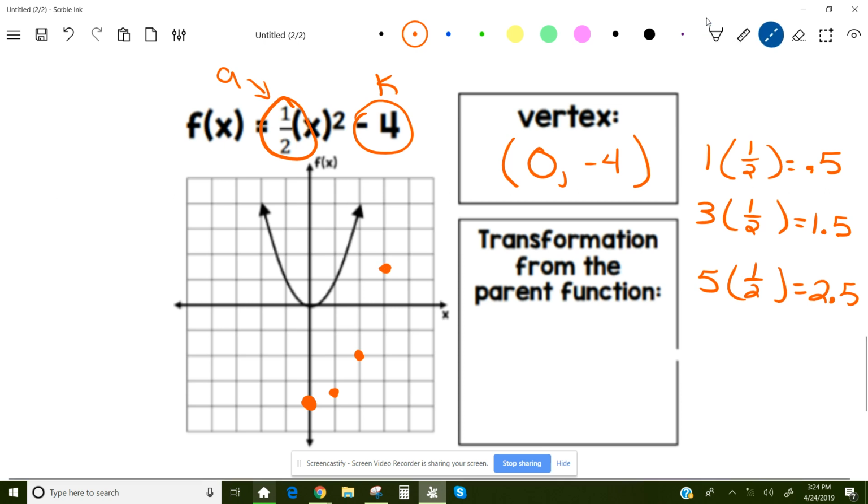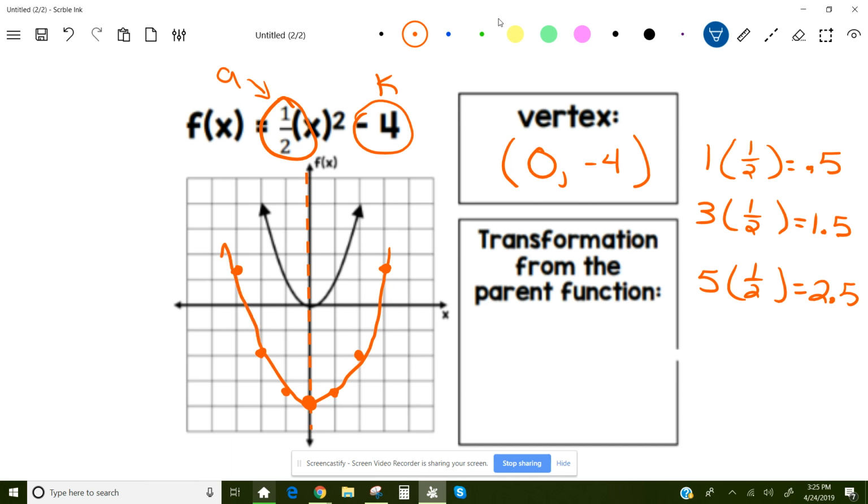I'm going to draw my axis of symmetry, make it a dotted line so you can see it. And then we're going to reflect the points on the other side. So reflecting here, and reflecting here, and then we're going to connect our points.